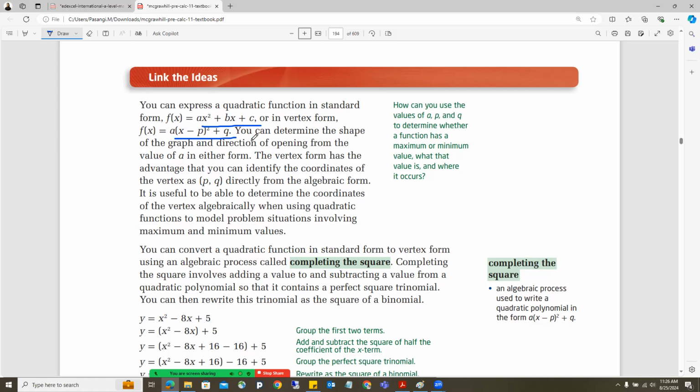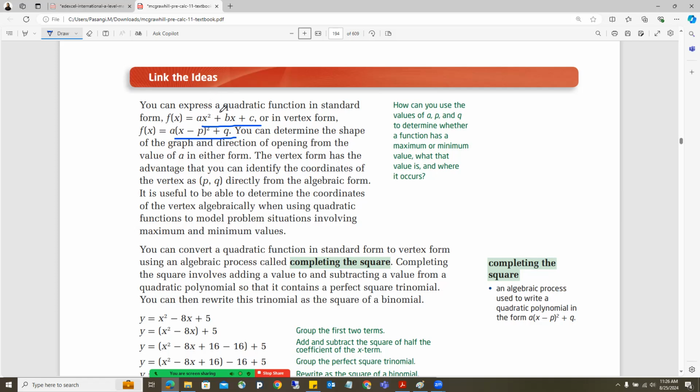Now what will happen? You can determine the shape of the graph and direction of opening from the value of a in either form. The vertex form has the advantage that you can identify the coordinates of the vertex. Because of this vertex form, directly we can identify the coordinates of the vertex.